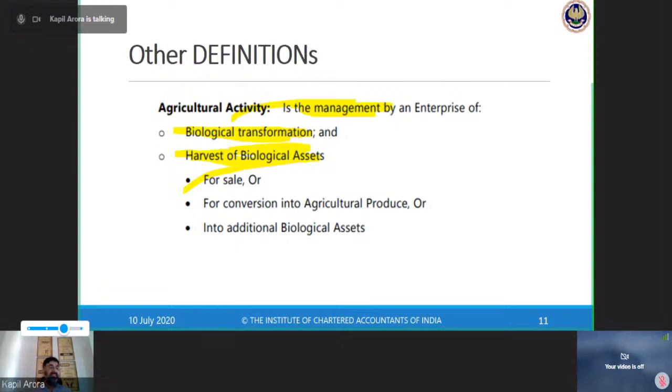As we mentioned, chickens can give eggs and they can form additional biological assets. Cows can give birth to a calf, which is an additional biological asset. For conversion into agriculture produce, it means maybe I get milk from a cow. That milk which I sell in the market is nothing but the agriculture produce.